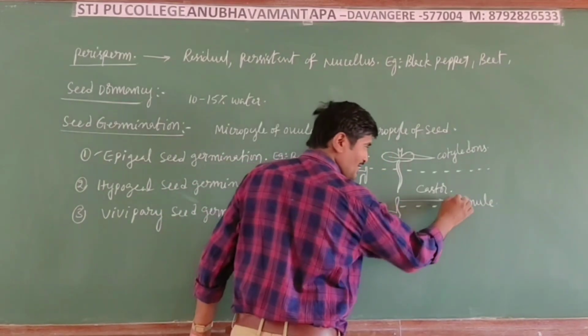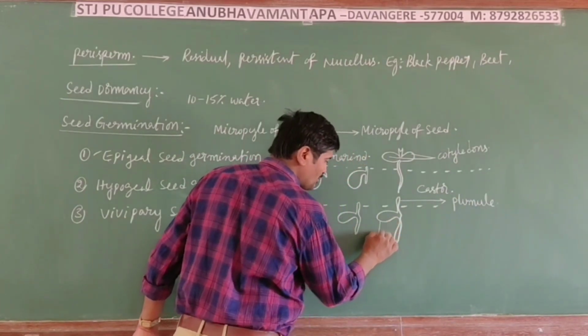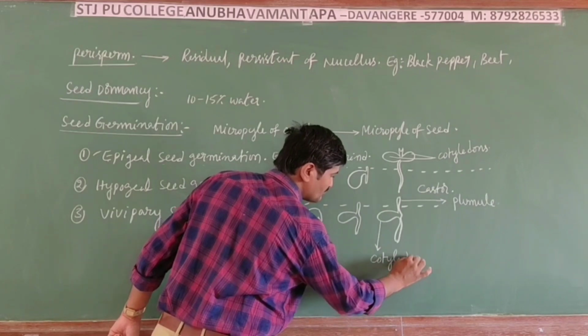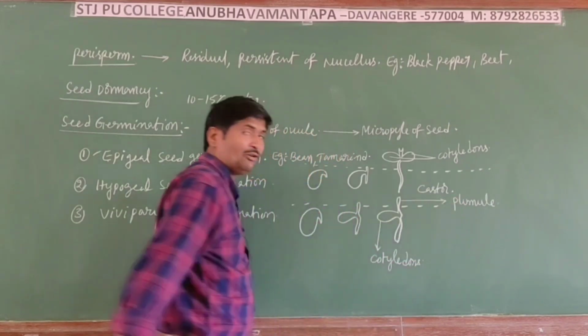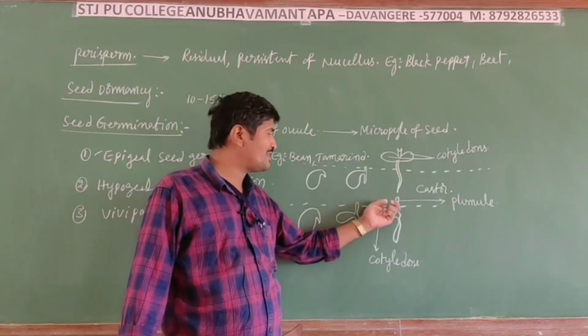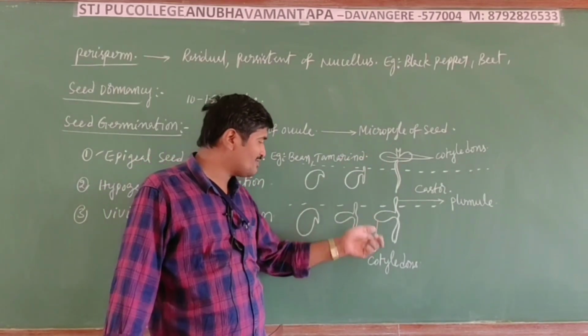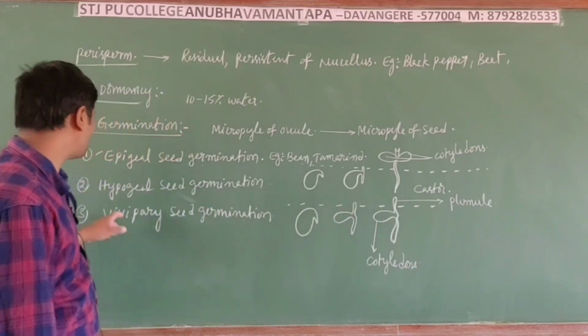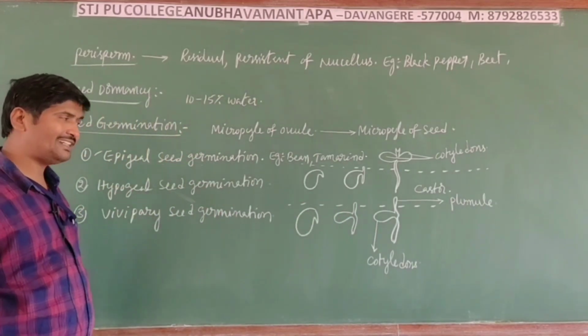Plumule or epicotyl. What about this one? Cotyledons. Only the plumule and the epicotyl come above the ground level, and the cotyledons remain underground. Such type of seed germination is known as hypogeal seed germination.